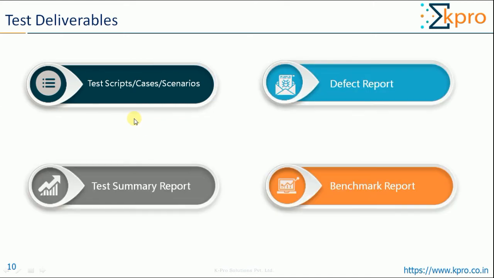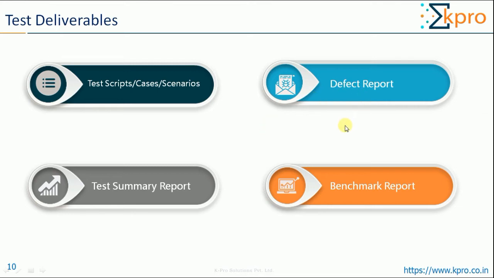Let's look at test deliverables. It includes test scripts, test cases, test scenarios, defect report, test summary report, and benchmark report. As part of test scripts, if there are any automation scripts or database SQLs used in execution, they will be shared.